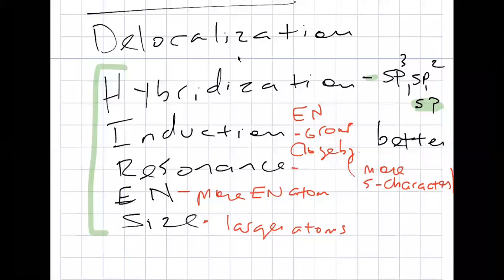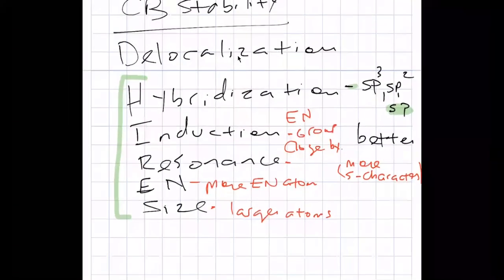If there's an electronegative group close by, it can polarize a charge. It can pull some of the electron density towards itself, so it can create some polarity. Are we okay so far?